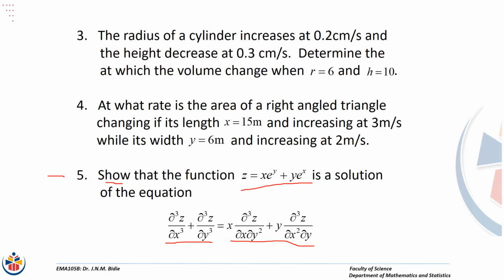Substitute, simplify, and see what you get. If you get the left-hand side equal to the right-hand side, then you'll be able to say z is a solution to the equation. But if your left-hand side is not equal to your right-hand side, then this equation that has been given to you is not a solution.